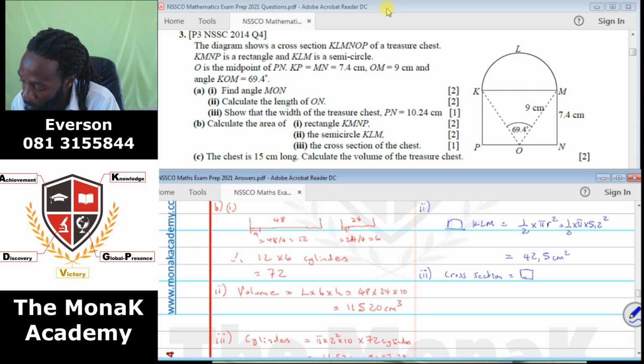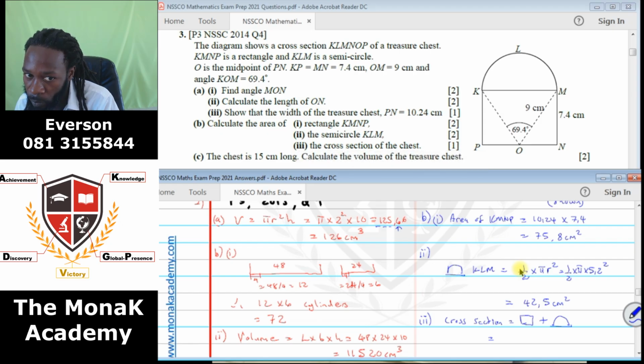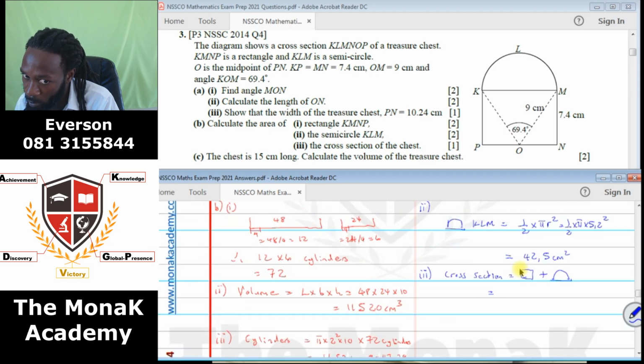A rectangle plus semicircle, which is equal to our rectangle, we got it on top there, 75.8 plus 41.2.